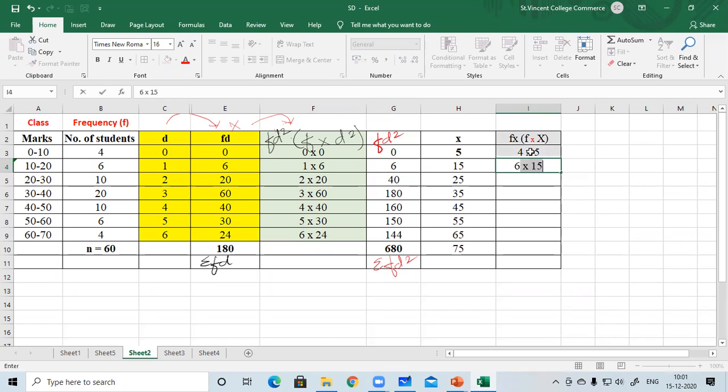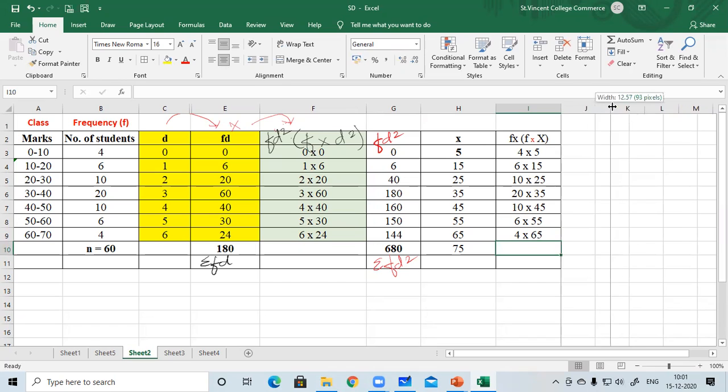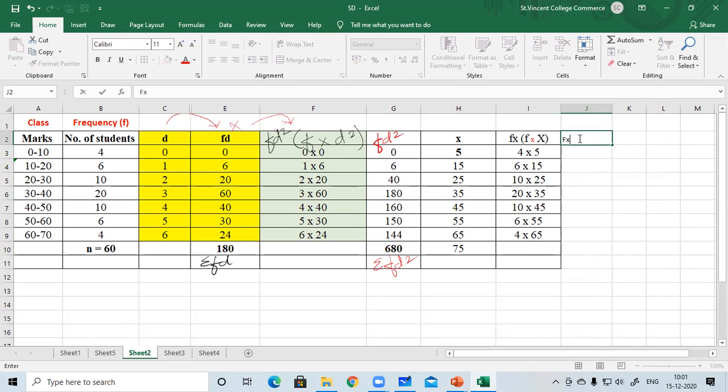Then 6 into 15. Then 10 into 25. 20 into 35. 10 into 45. 6 into 55. And 4 into 65. So this answer of the multiplication will give you fx.